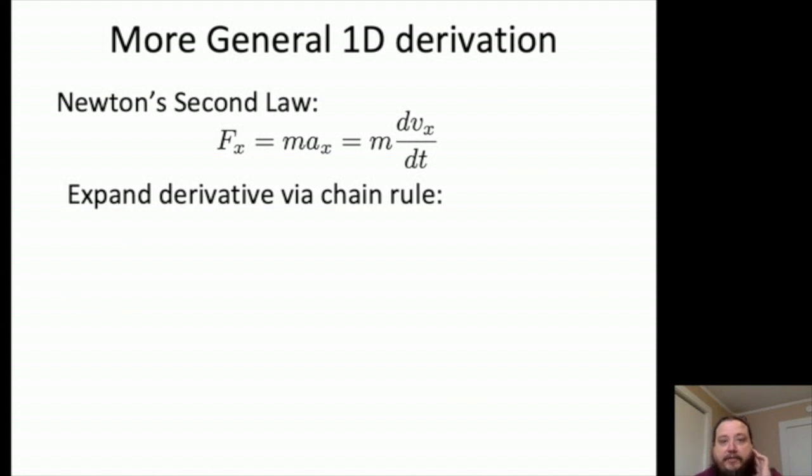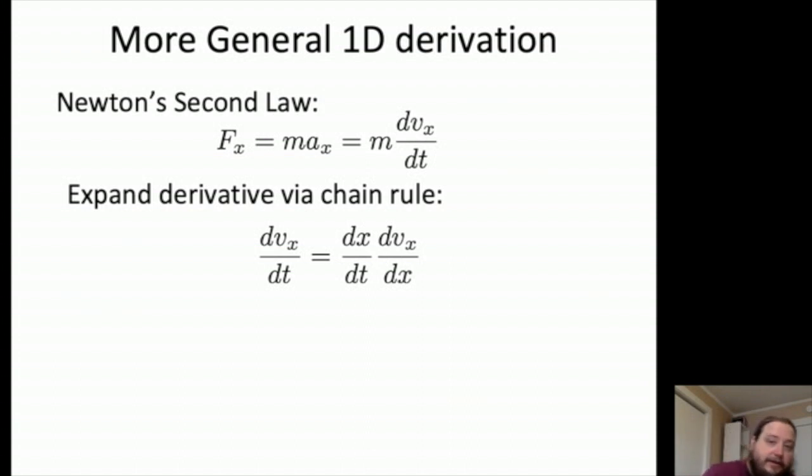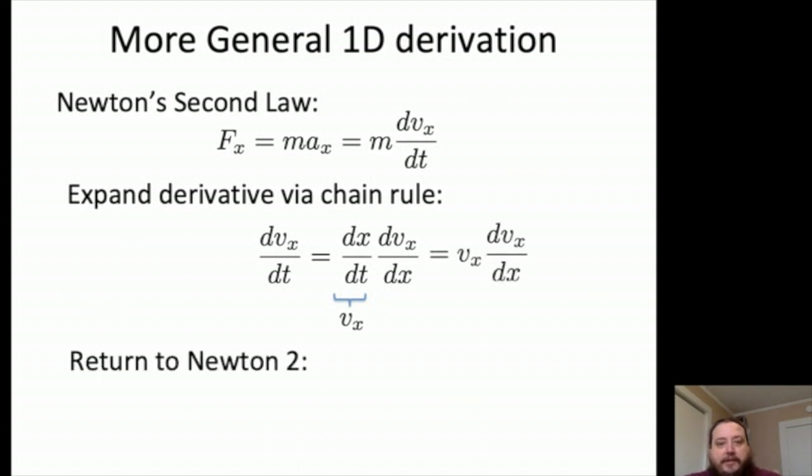And if we expand the derivative here via the chain rule, the first time derivative of velocity is dx/dt times dv/dx. dx/dt is just our velocity, and that's times dv/dx. And then we return to Newton's second law. And so that allows us to write this top equation, F equals ma, as F equals m times v times dv/dx.